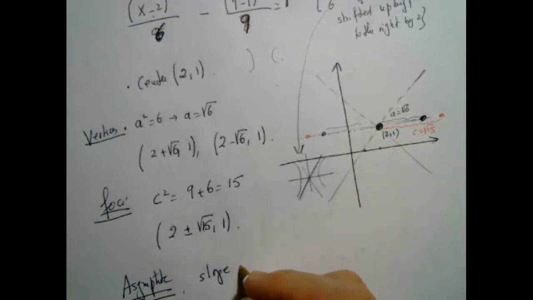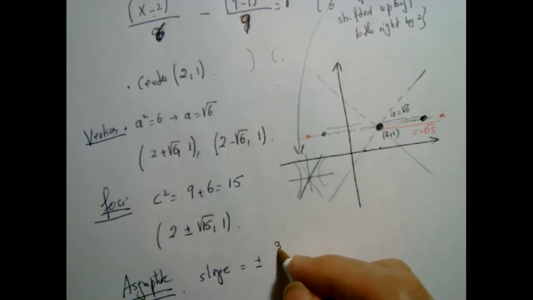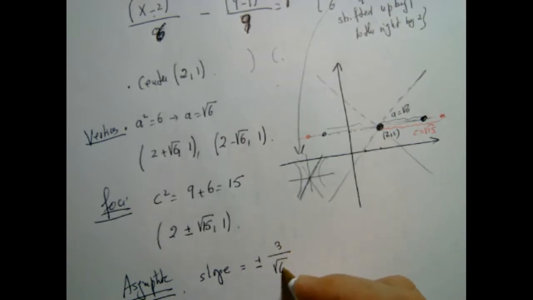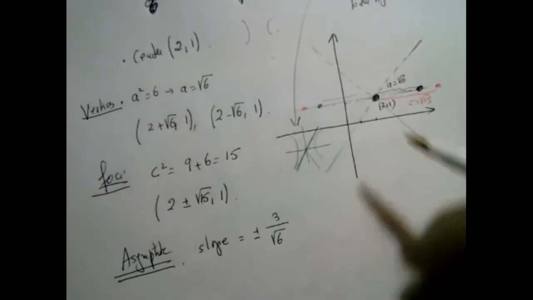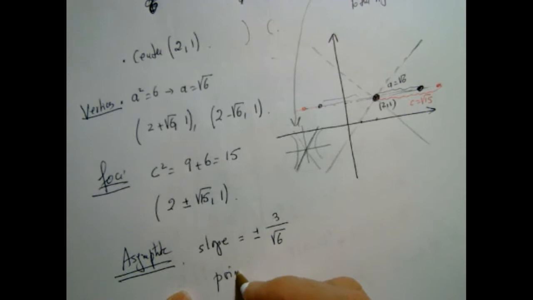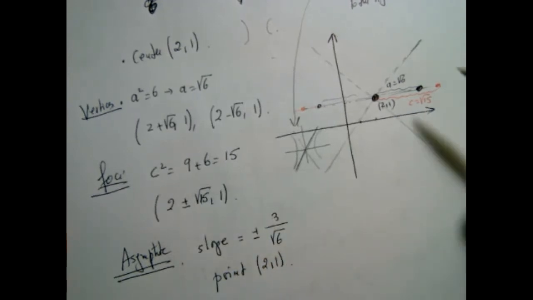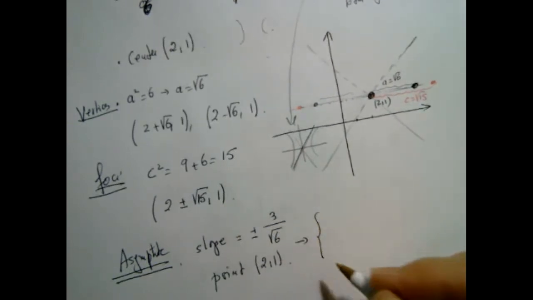So the slope is going to be, of course, plus or minus b over a, which is 3 over the square root of 6. That's going to be the slope. But those asymptotes go through the point 2, 1. So we have the slope and the point. So you have two equations.